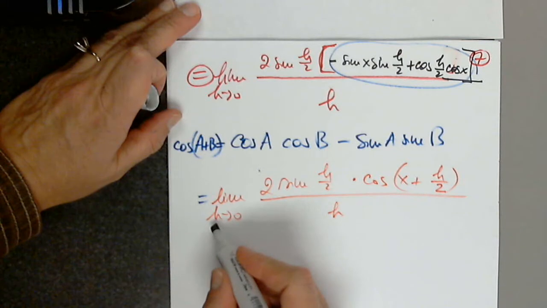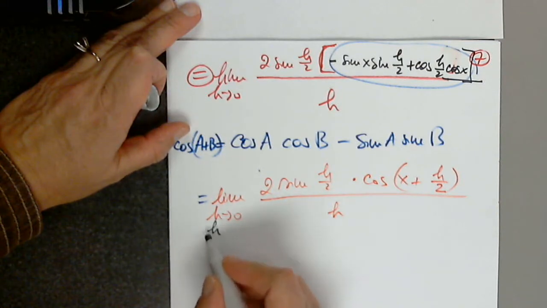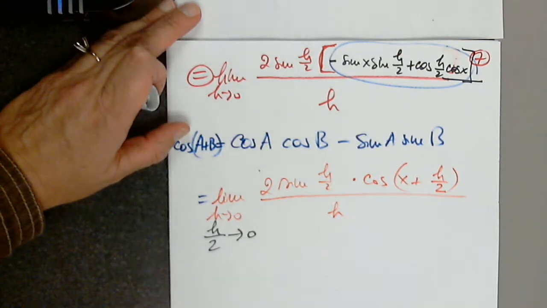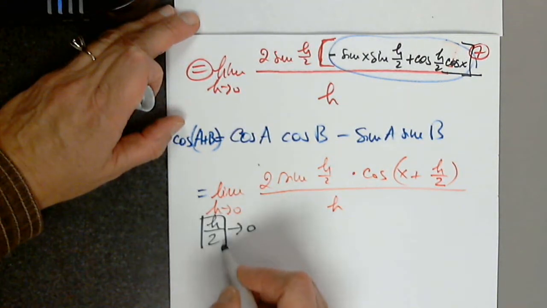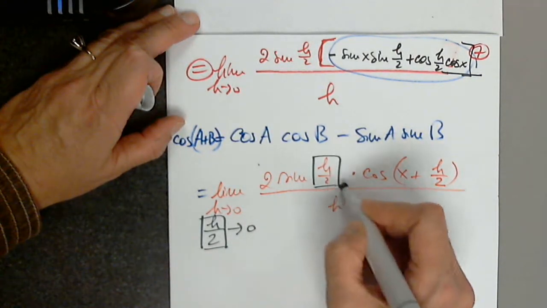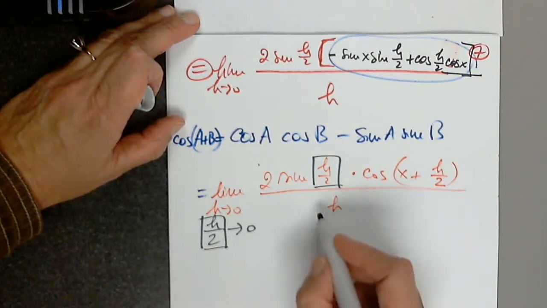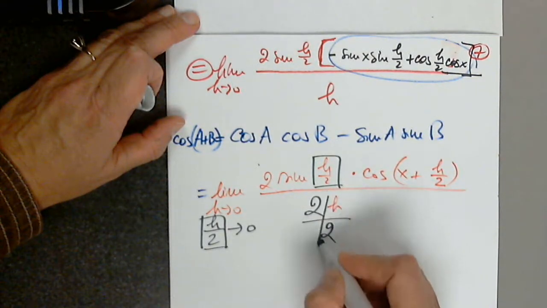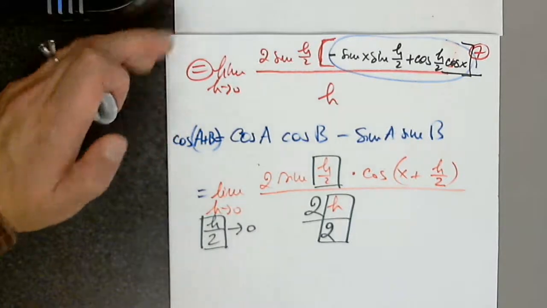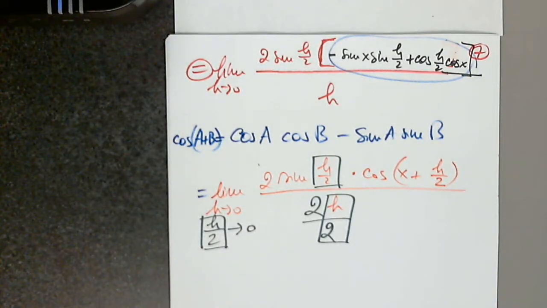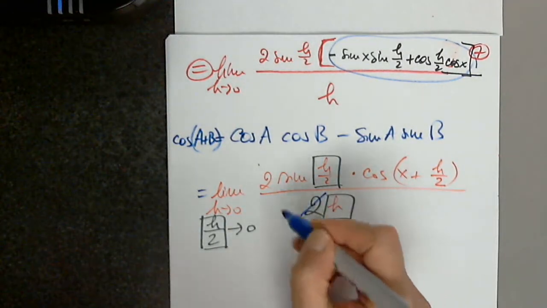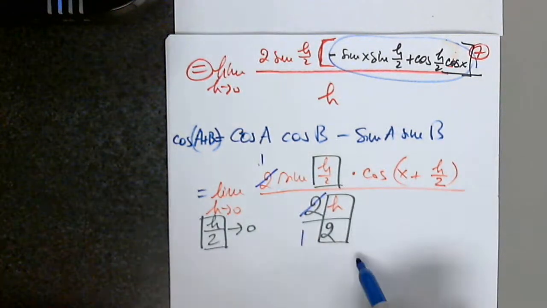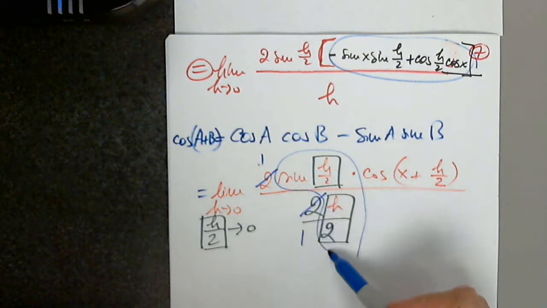So now, would you agree that when h approaches 0, also h over 2 approaches 0? So I have the box, I have this box, but I don't have it here. No problem. Now I do. I multiplied and divided h by 2. This 2 will go away with this 2. Can anyone tell us where is this going?